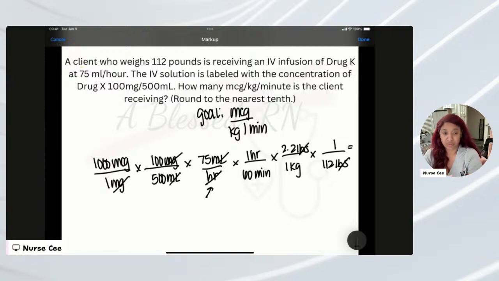A lot of the people that have studied with me say that the way that we do it with dimensional is different, because they'll use desired over have and moving a decimal and all that stuff. I don't like too many steps. If you've been here with me, you've noticed I don't like a lot of steps. The more steps you take, the more mistakes you're able to make. It makes room for error and wiggle room. With this one, it's pretty ironclad. 1 hour is going to be 60 minutes. 1,000 micrograms is going to be 1 milligram.